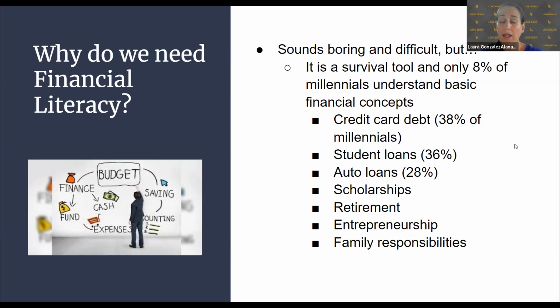So I don't know if you are aware, before I continue with financial literacy, that we have a basic needs program in the university. This basic needs program includes the beach pantry. The beach pantry is in the student union building. And over there, you can get the basics.